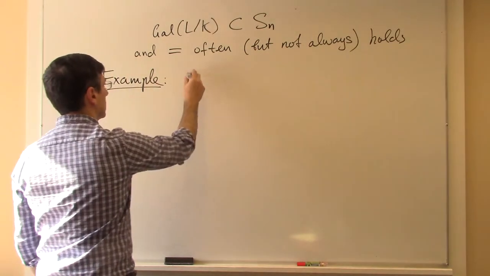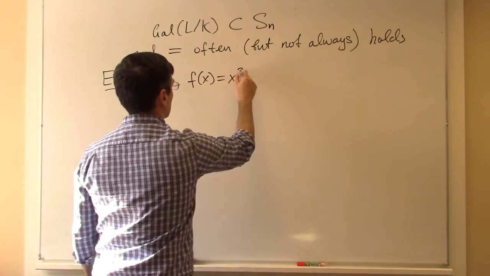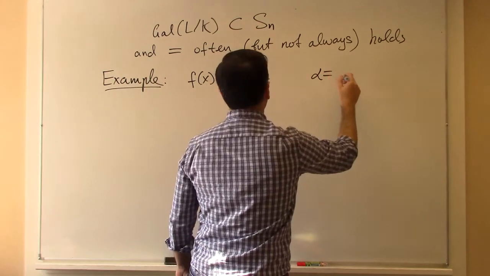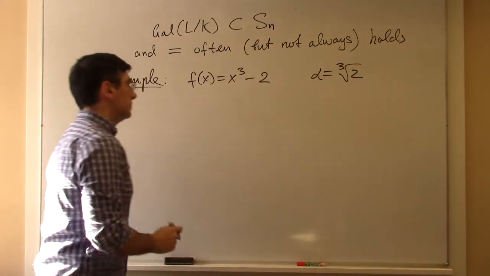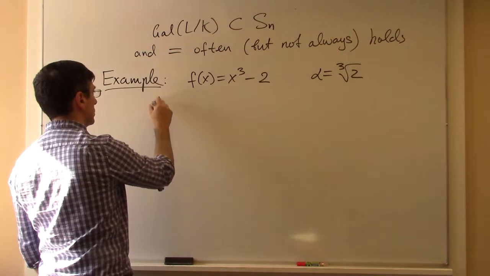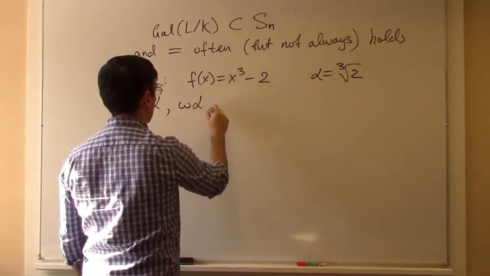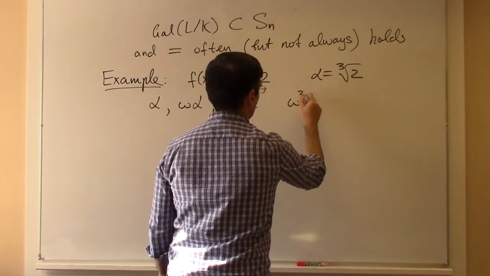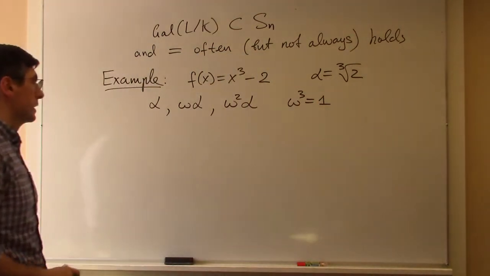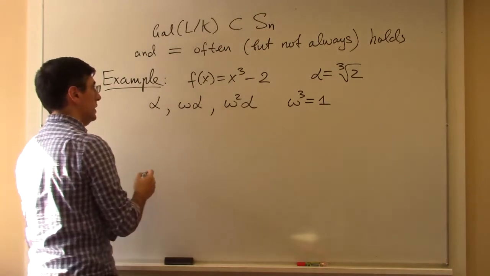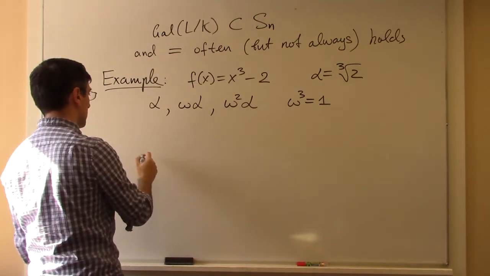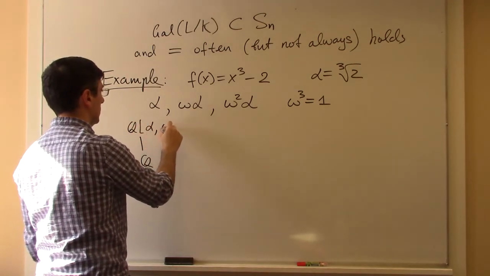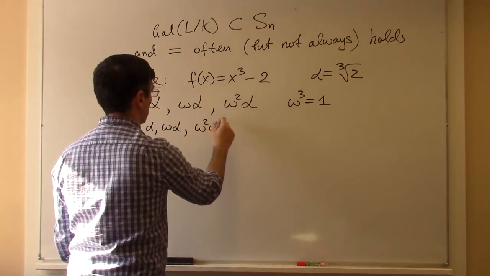So we will take f(x) to be x cubed plus 2, and I will denote by alpha this cube root of 2. Right, so then the roots are alpha, omega alpha, and omega squared alpha, where omega cubed is 1. So there are 3 distinct roots, and the field that I'm considering this over is Q. So this is Q(alpha, omega alpha, omega squared alpha).